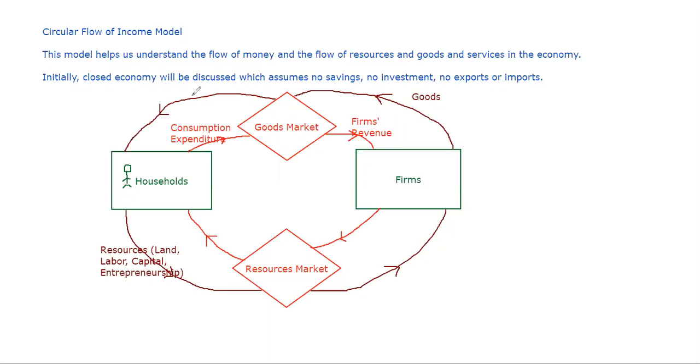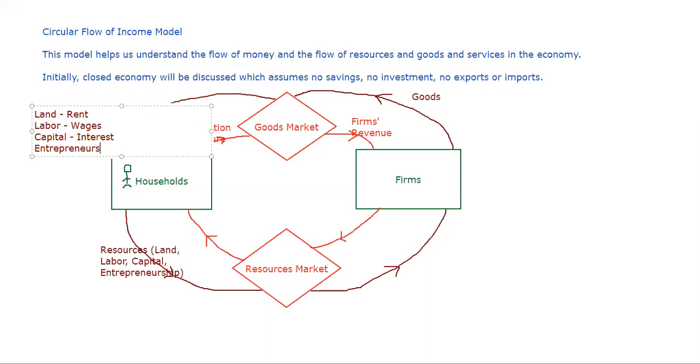So what are the various incomes for the resources? We can make a small note here that land receives something called rent, labor receives something called wages, capital receives something called interest, and entrepreneurship receives something like profit. These are the various types of incomes earned by the resources.